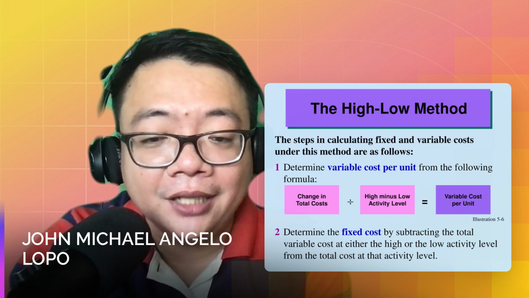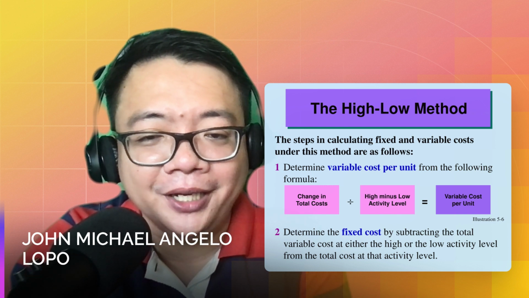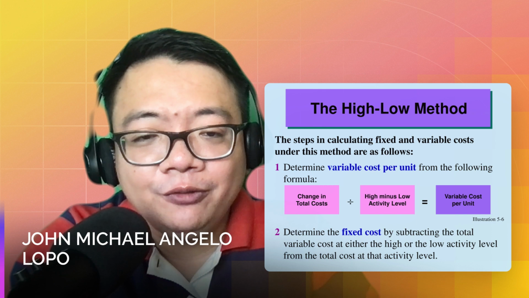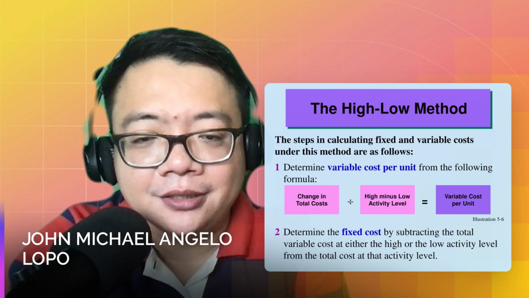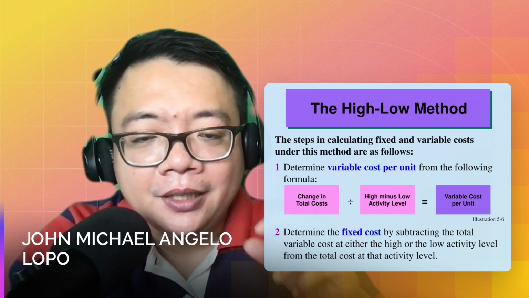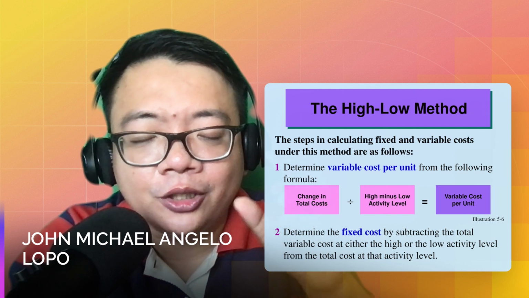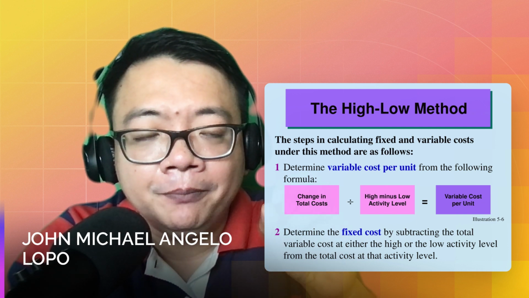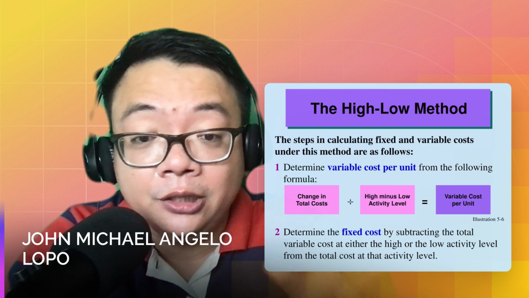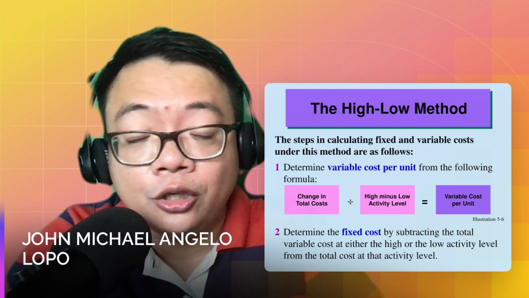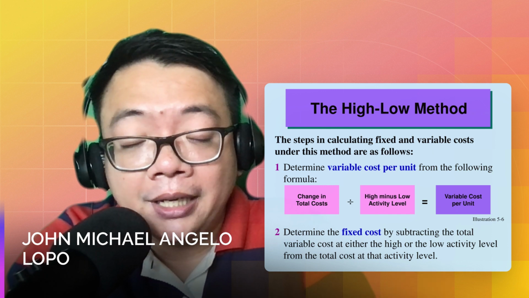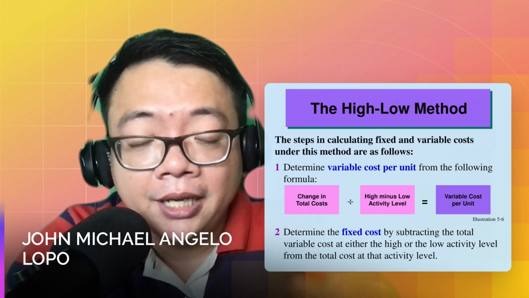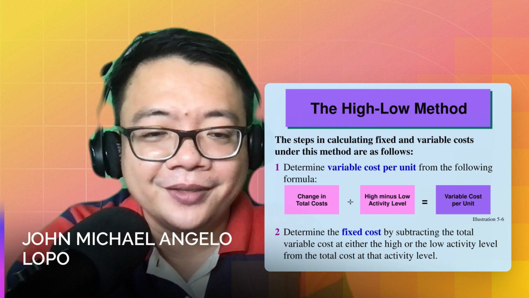Here, class, all students make mistakes. In terms of the variable cost, the formula should be like this: the cost of the high level of activity minus the cost of the lowest activity, divided by the highest activity minus the lowest activity.